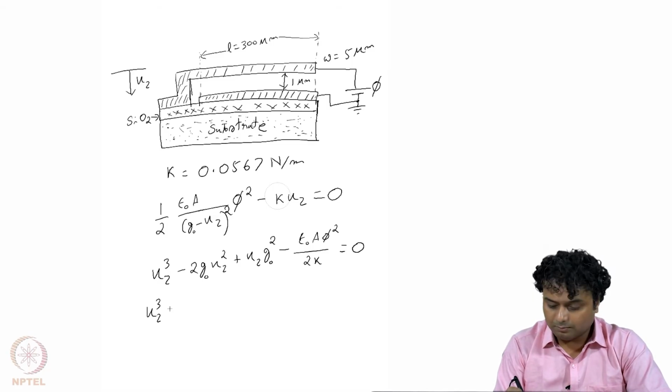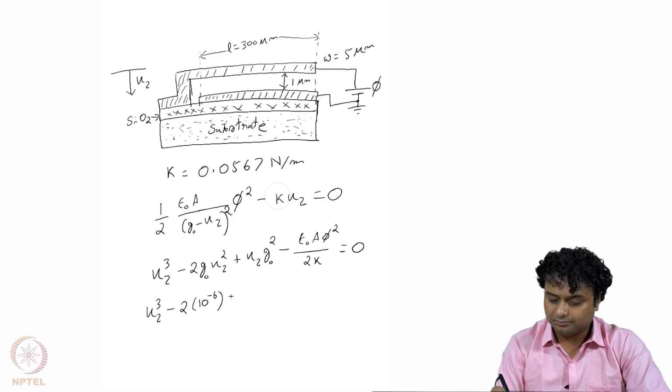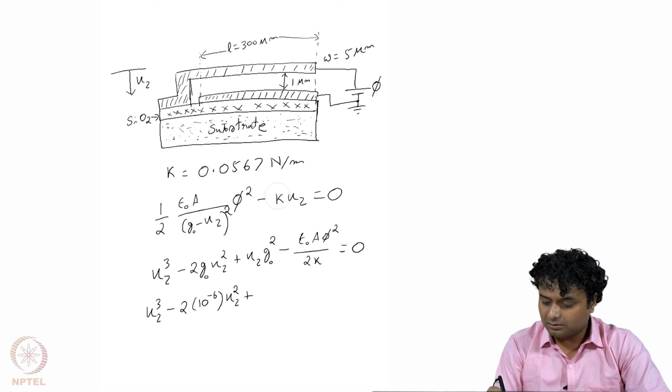So it becomes uz cube minus 2 into G0, G0 is the gap which is 1 micron, so that is 10 to the power minus 6, into uz, our unknown variable, plus uz into G0 square, which means 10 to the power minus 12, minus, so A we already know, A is 300 micron into 5 micron, that is 1500 micrometer square, right.